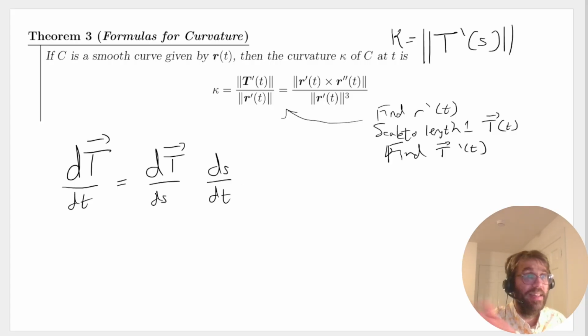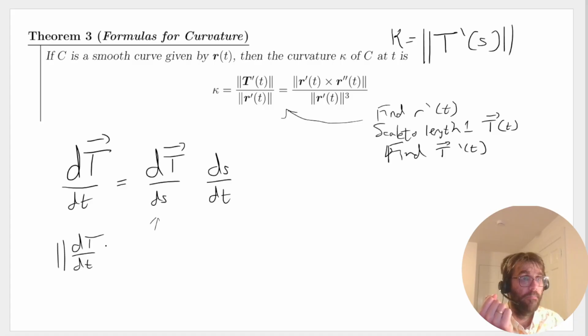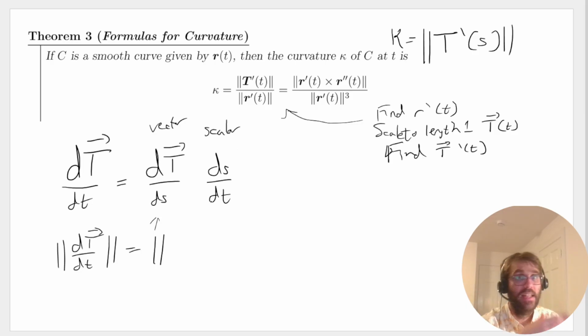And then I'm just going to immediately take lengths of both sides because we just need the length of dT/ds. So I'll take the lengths of both sides. The right-hand side is a vector times a scalar. And anytime you're taking the length of a scalar multiple, you just need to throw an absolute value on the scalar.